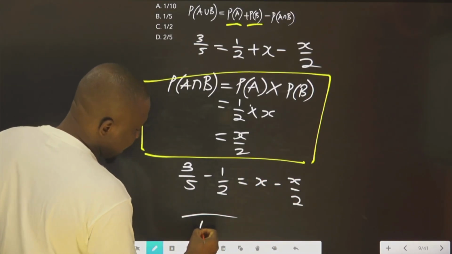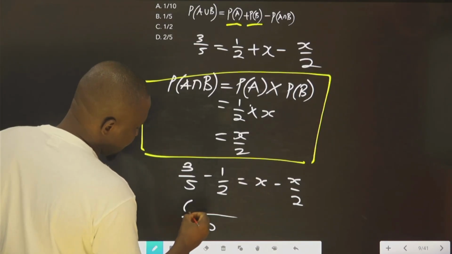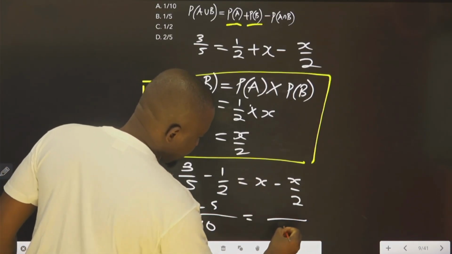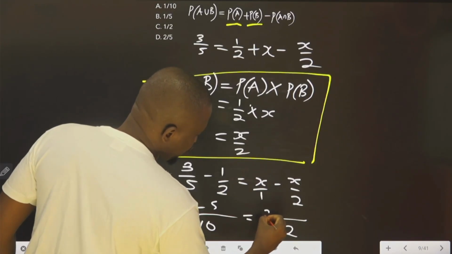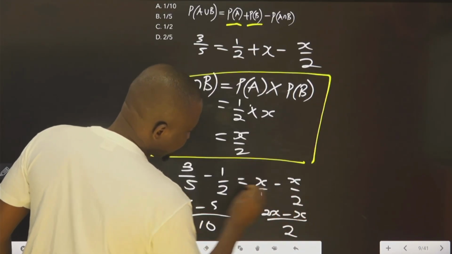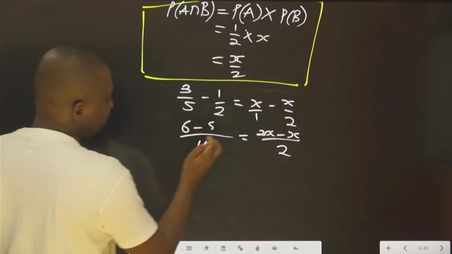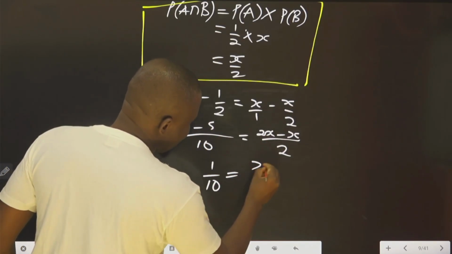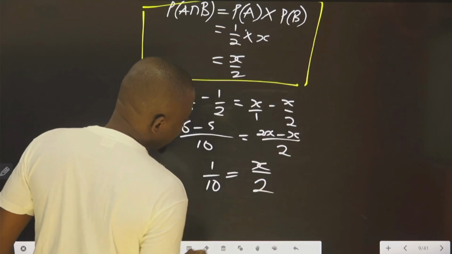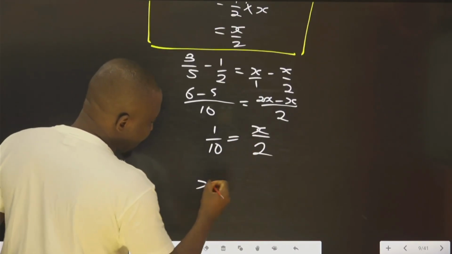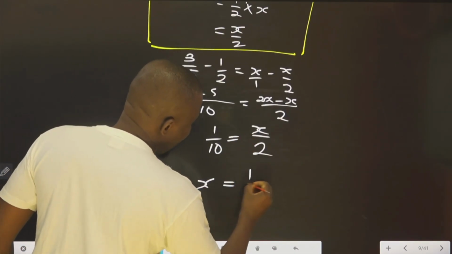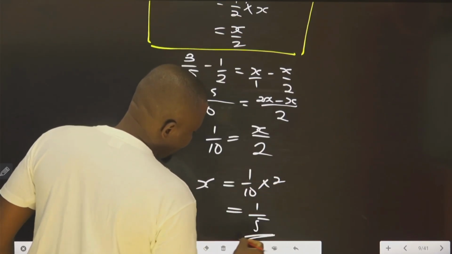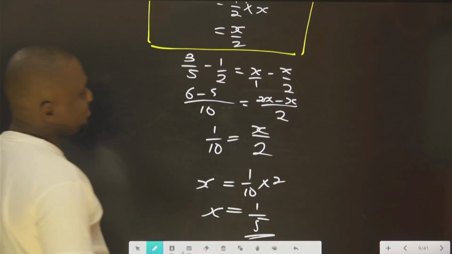Here, the LCM gives us 10, that is 6 minus 5 equals 2x minus x. Okay? This will give us 1 over 10, and this will give us x over 2. You agree with me? If you want to get x now, you do 1 over 10 multiplied by 2, which is 1 over 5. So x therefore is 1 over 5.